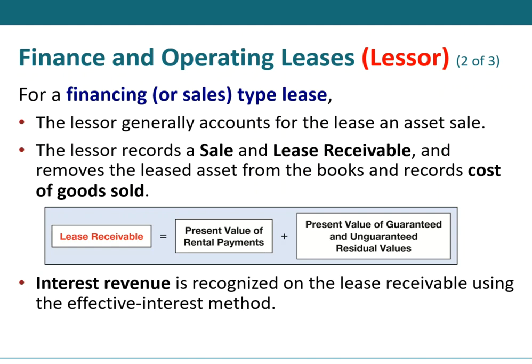The lease receivable will equal the present value of rental payments plus the present value of any guaranteed or unguaranteed residual values at the end of the lease term. The lessor will recognize interest revenue on the lease using an effective interest method over the term of the lease.